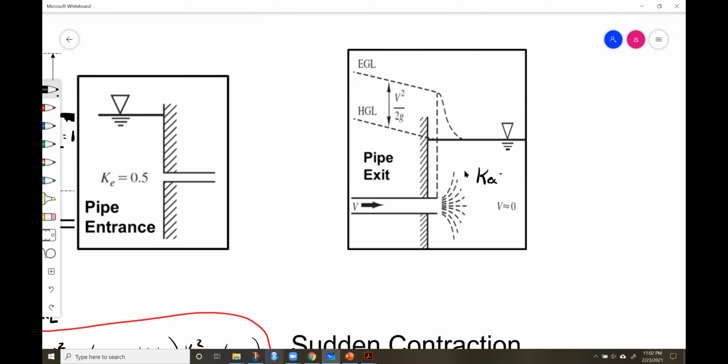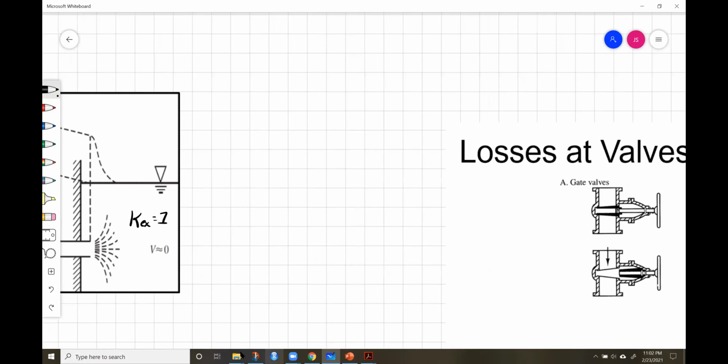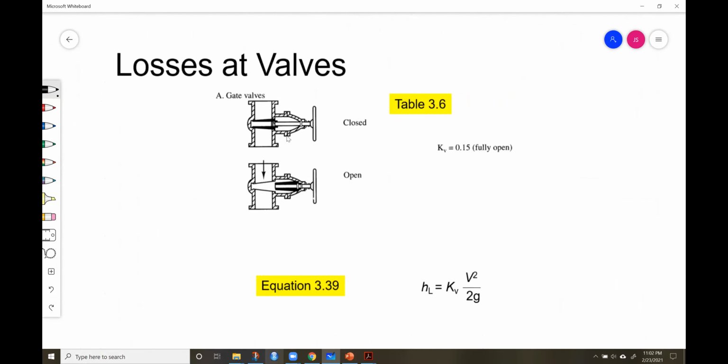So K exit is equal to 1 for this kind of pipe exit situation. Let's look at our sudden contraction. Actually, let's look at the valve. There we go. For a valve, we'll assume it's a gate valve. If the gate valve is fully open, then we can use a K of 0.15, and we simply note it as K times V squared over 2G. All right, no big deal.